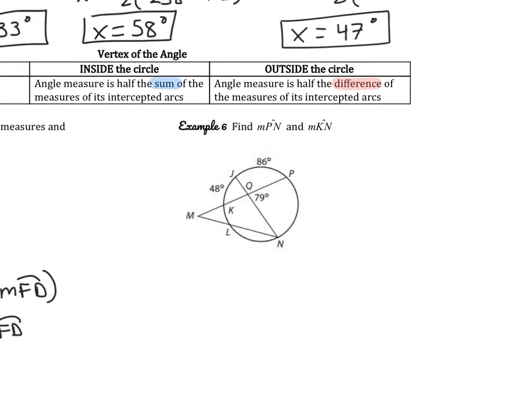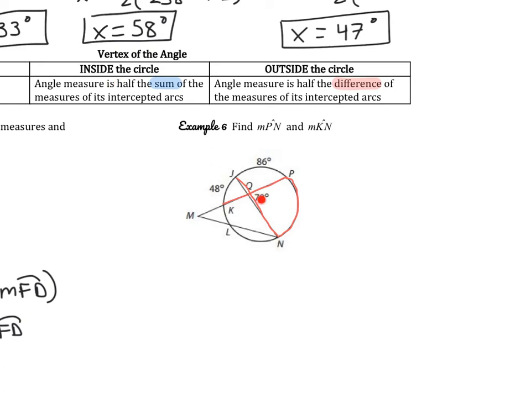So here we are asked to find the measure of arc PN and then the measure of arc KN. If we want to start by finding the measure of arc PN, we can use this chord and this secant, which are intersecting inside the circle.